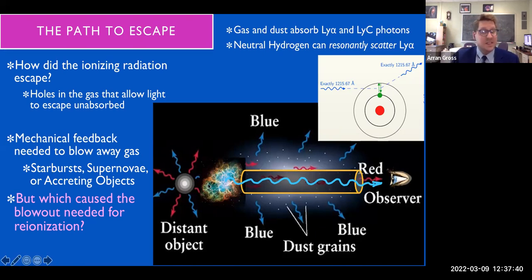Whether it is a supernova that's generating this mechanical feedback, or effects from bursts of star formation, or compact objects with accretion disks and heavy levels of feedback, that's the outstanding question here. So what we want to know is what type of objects cause the sort of blowout that allowed ionizing photons to escape in the early universe.